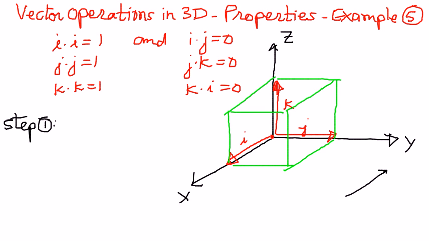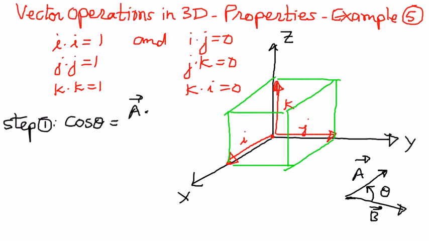If this is a vector and this is another vector, if I call this vector A and this vector B, and we want to find the angle between these two vectors, we know that it is given to us as cosine theta is equal to vector A dot vector B divided by the magnitude of vector A times the magnitude of vector B. That is the way it is given to us.